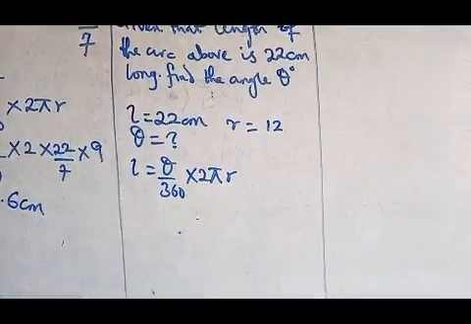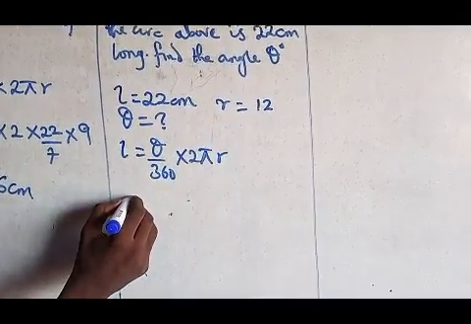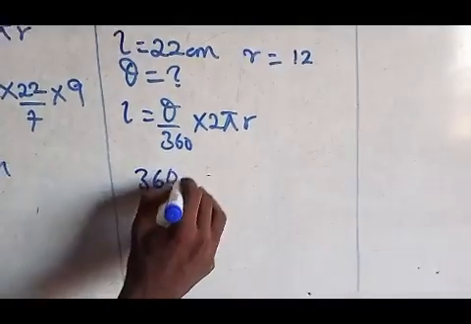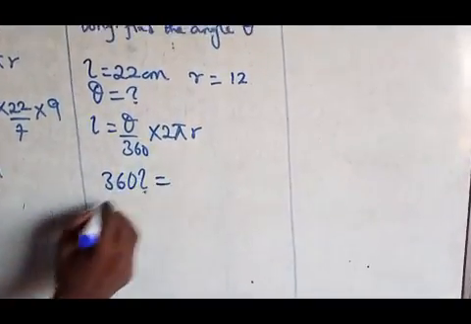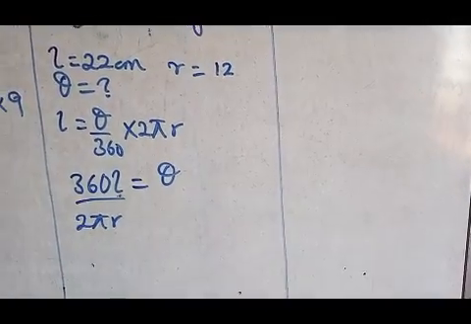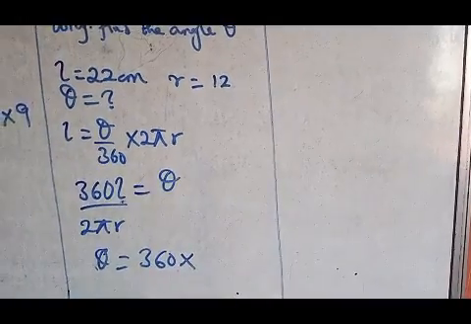If you are making theta the subject of the formula, you are going to have theta equals 360 L over 2 pi r. So this is what you are going to have. Your theta is going to be 360 times L. What is your L?